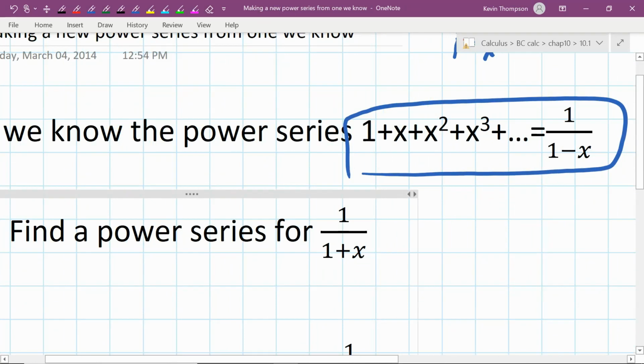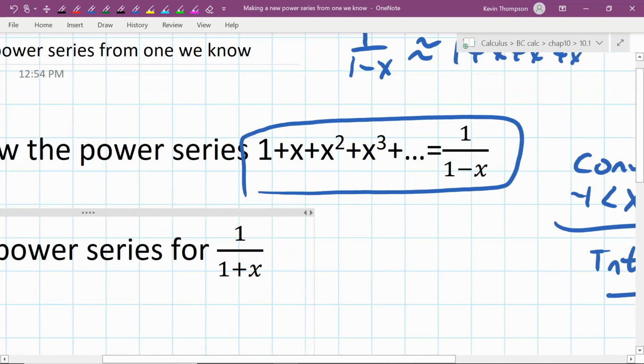So if you look at the right-hand side of it, what value of x will then force me to write 1 over 1 plus x? What substitution could I make for x that's going to cause me to write 1 over 1 plus x? Yeah, if I replace x with negative x, if I make it its opposite, I would get that statement.